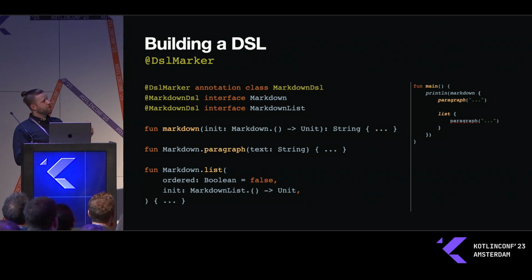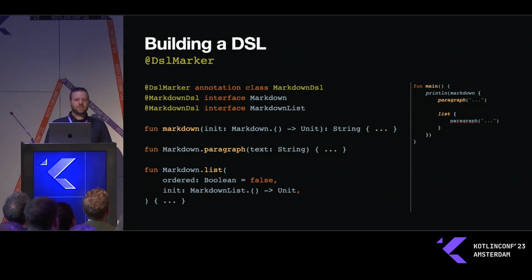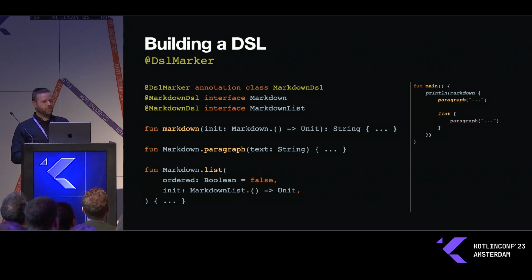So in this case, paragraph is no longer callable because the receiver that I have within the list scope is Markdown list, not Markdown. And so this provides me some protection at compile time from poorly structured DSLs.